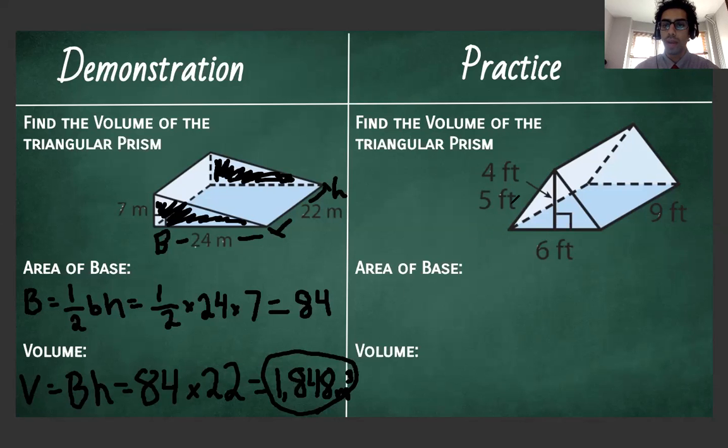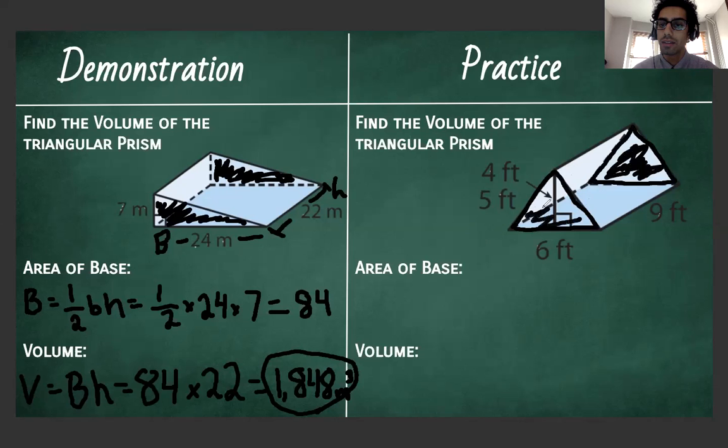So for those of us who are back with me, let's start by actually labeling all of my points, okay? I'm going to need to find my base and my height, right? The base of this triangular prism is going to be this triangle right here, right? I'm going to shade it in just so we can get a really good view of it, okay?